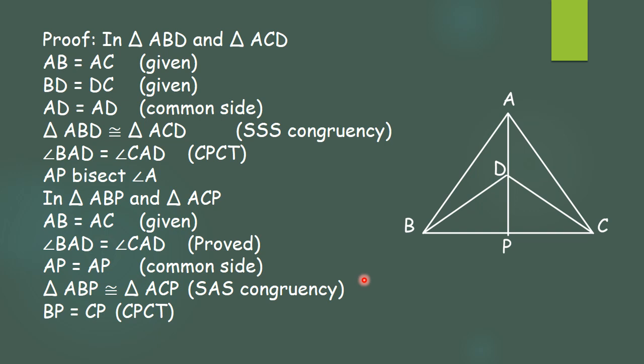Now to prove the third. In the third, the first part was AP bisects angle A, that we have proved. Now we have to prove that AP bisects angle D as well. We have to prove that angle BDP is the same as angle CDP. To prove that, we require triangles BDP and CDP. We will try to prove these two triangles congruent.